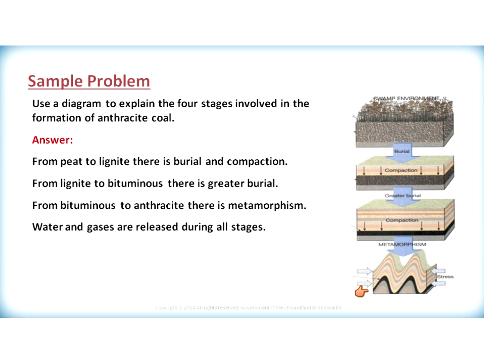So the metamorphic conditions of high heat and compressional forces causing pressure would cause the bituminous coal to undergo metamorphism to form anthracite coal. And during all four stages of coal formation, volatiles such as water and gases are lost at all stages.